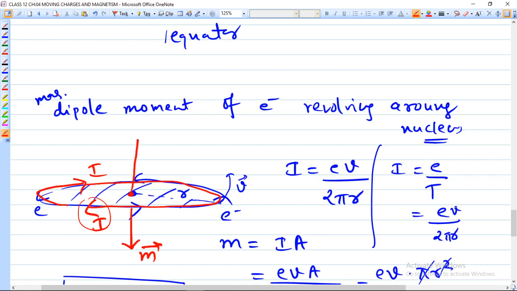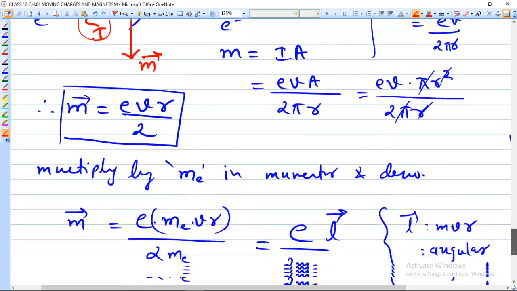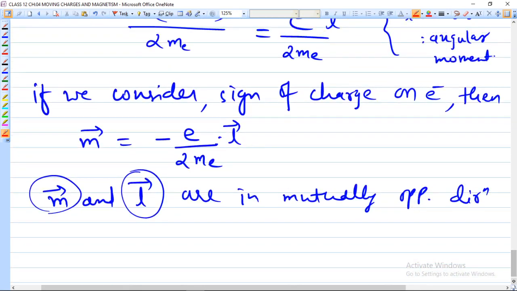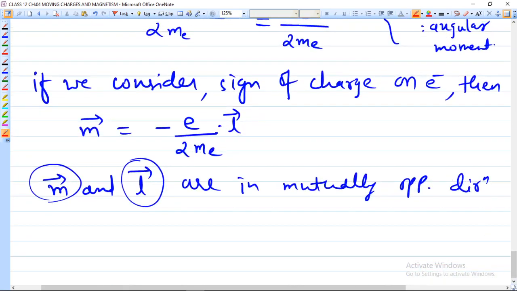So this will be the direction of angular momentum. Clear? In the material, electrons revolve in different manners, so their magnetic moments are also in different directions. If their magnetic moments are equal in magnitude and in the same direction, then that material will become a magnet. Simple.